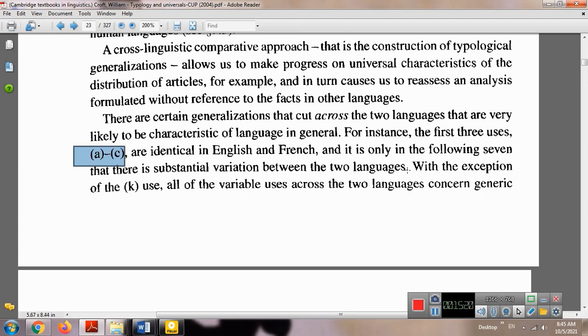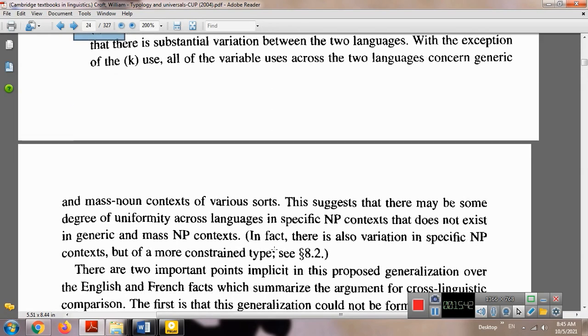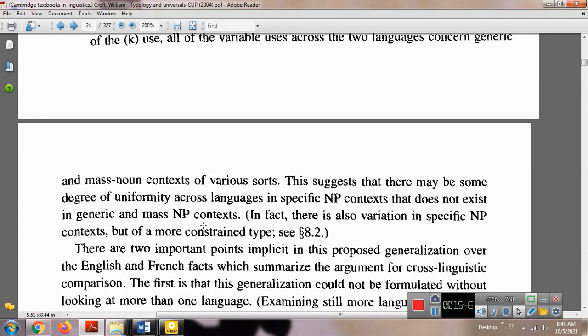Okay, the French and English are the same in these three examples, but they are different from each other in other examples. With the exception of the K use, all of the variable uses across the two languages concern generic and mass noun contexts of various sorts.